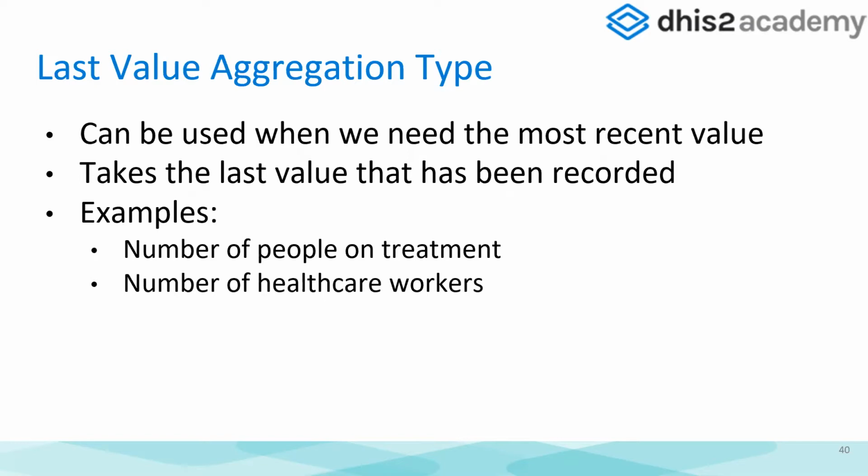As an example, say you are calculating something for the first quarter of 2020 on HIV. We are recording monthly the number of people on treatment. Say maybe 1,000 in January, 1,200 in February, and 1,300 in March.